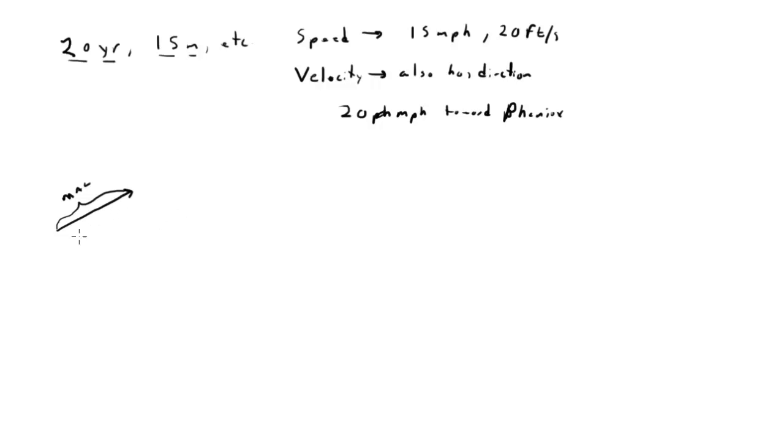Now in the case where the vector represents a force, because force is a vector, there is the line of action of the force. So the force may be applied right here. So perhaps we have a little block here that this force is being applied to.